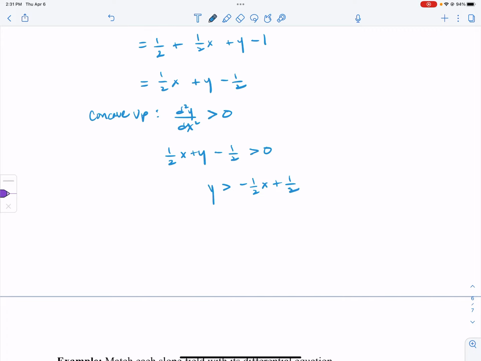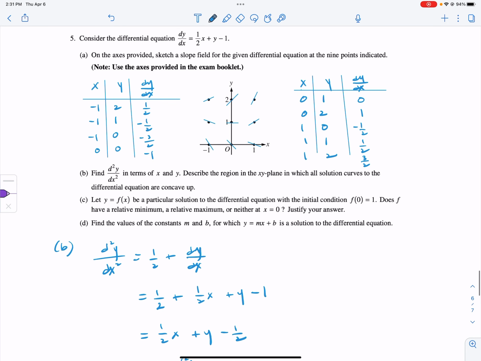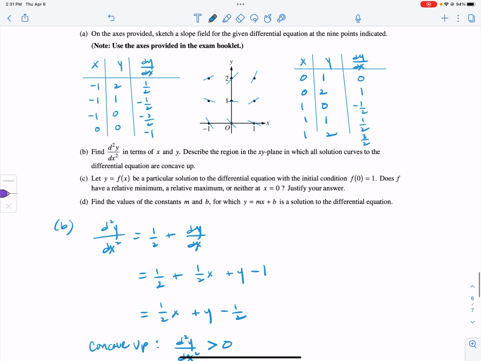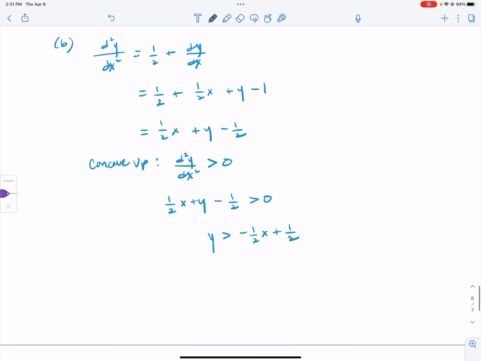So if we looked at that line, we shade above it.